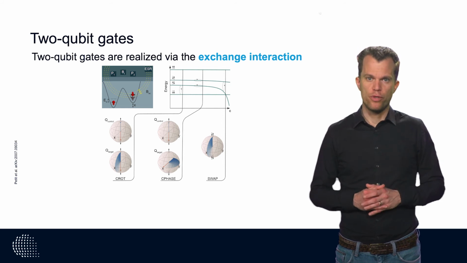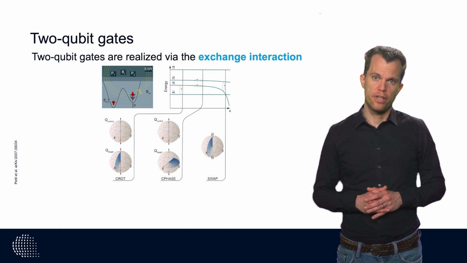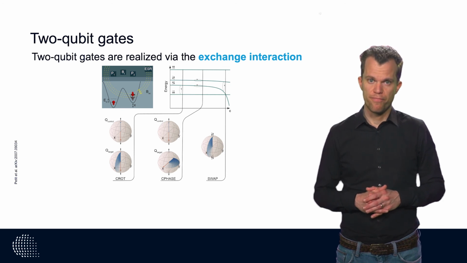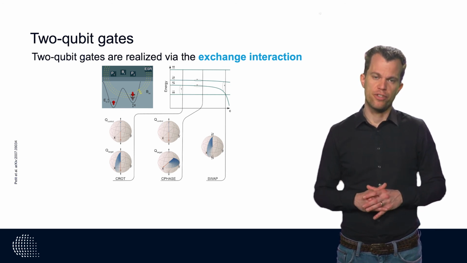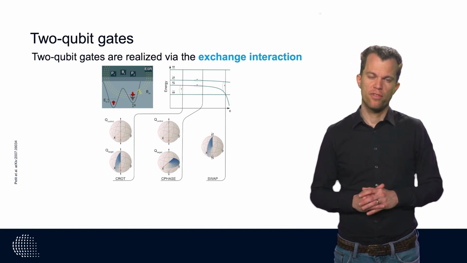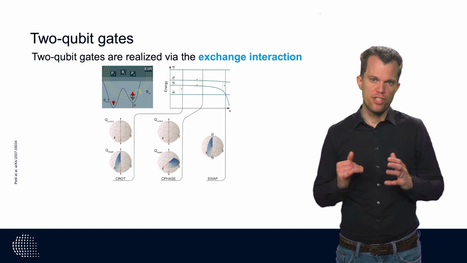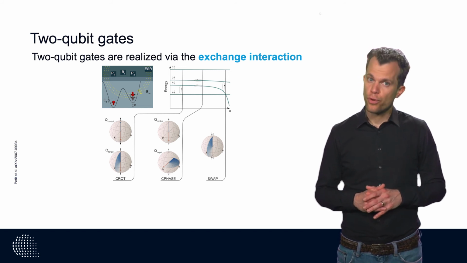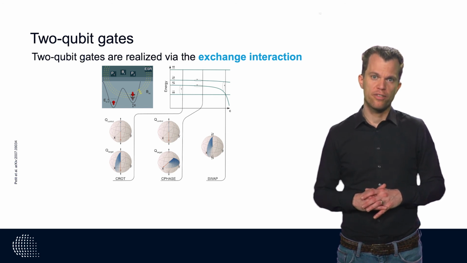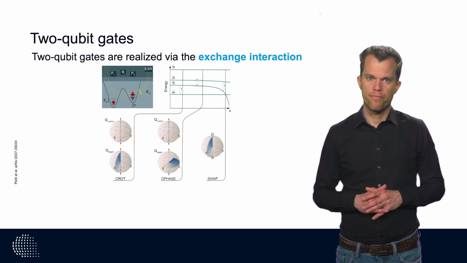Instead of this time evolution, it is also possible to actively drive a two-qubit gate. We can observe that the exchange interaction results in a change in resonance frequency. This change is dependent on the state of the other qubit. Thus, the target qubit has a resonance frequency which is dependent on the state of the control qubit. And therefore, we can execute a two-qubit gate like we realized Rabi rotations for a single qubit gate.